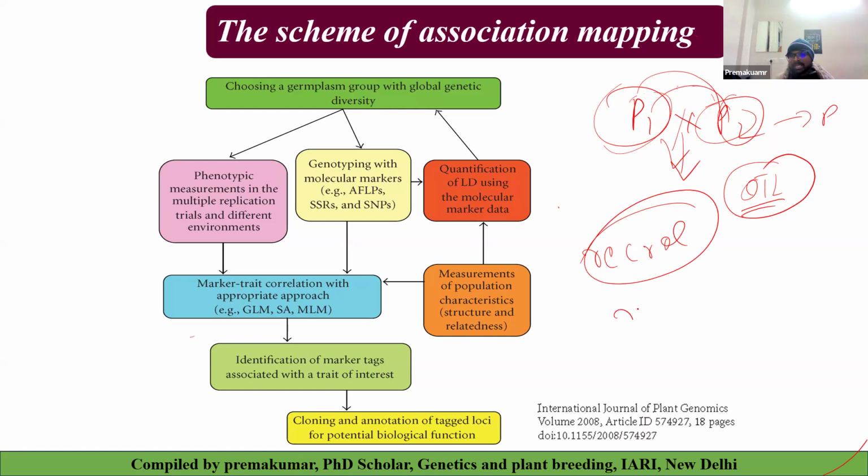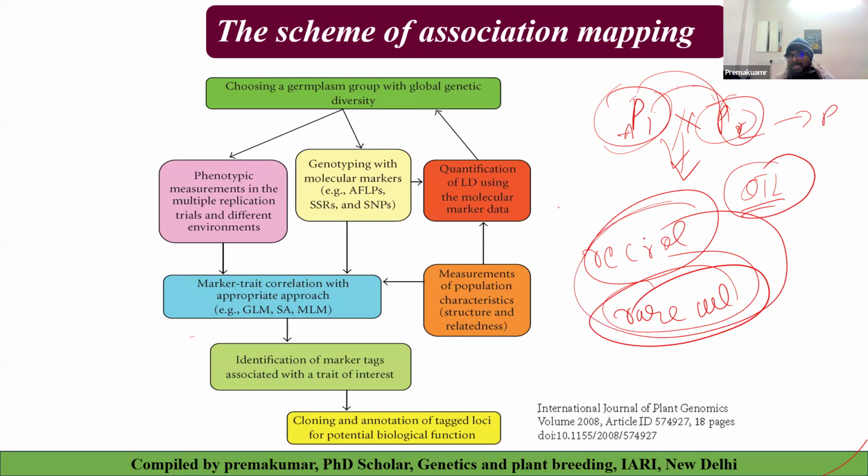And the rare alleles: the alleles between the parents, we are increasing the frequency of that particular allele through a controlled process. So the probability of getting the QTL for a particular trait is very high. That's why the power of identifying the QTL is very, very high in QTL mapping.